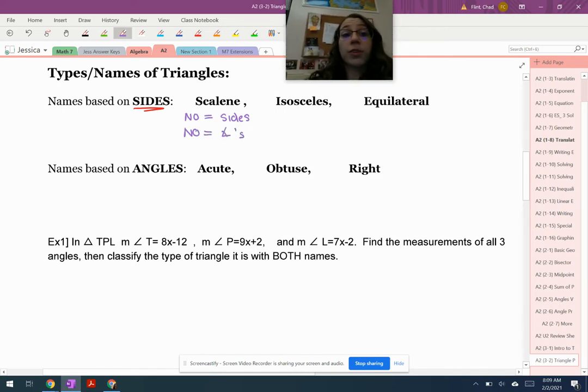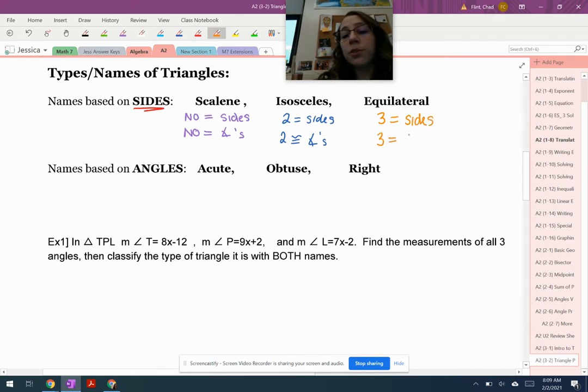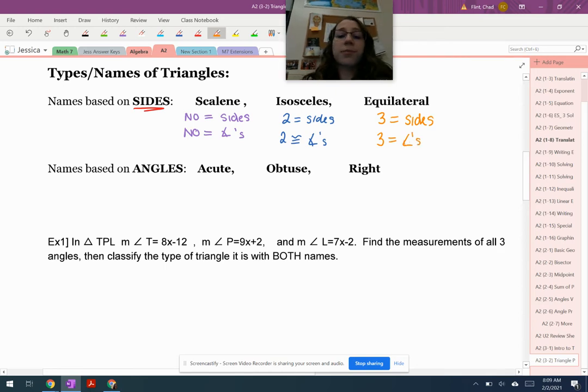I'm going to use some abbreviations here. Our isosceles triangle has two equal sides or two congruent angles. And equilateral has three equal or congruent sides and three equal or congruent angles.